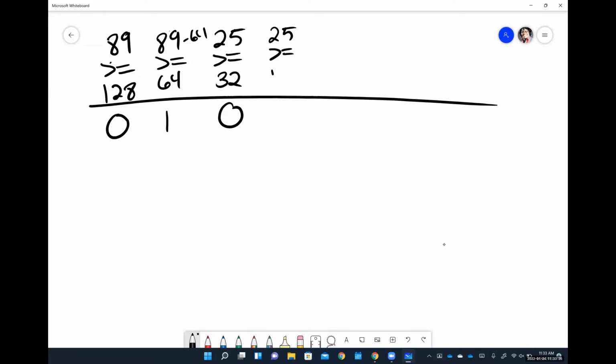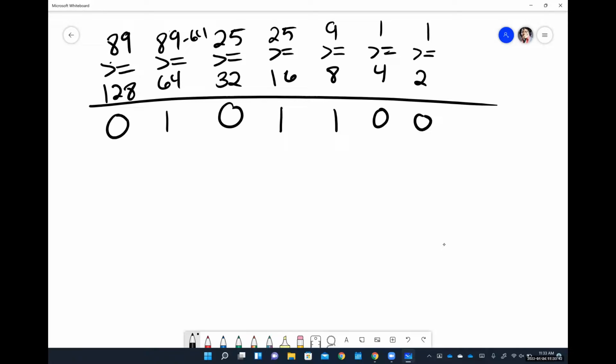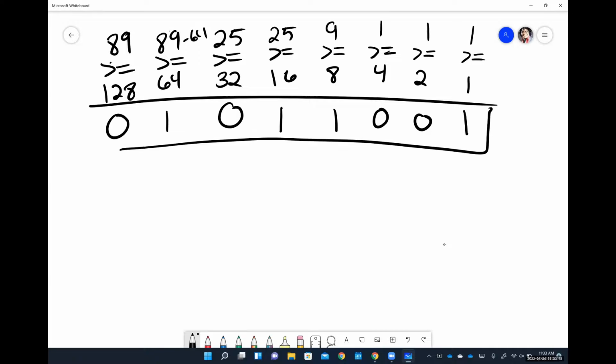Greater than or equal to 16? Yep. 9. Greater than or equal to 8? Yep. 1. 4? Nope. 2? Nope. 1? Yep. And there's our number. Did everybody get that number?